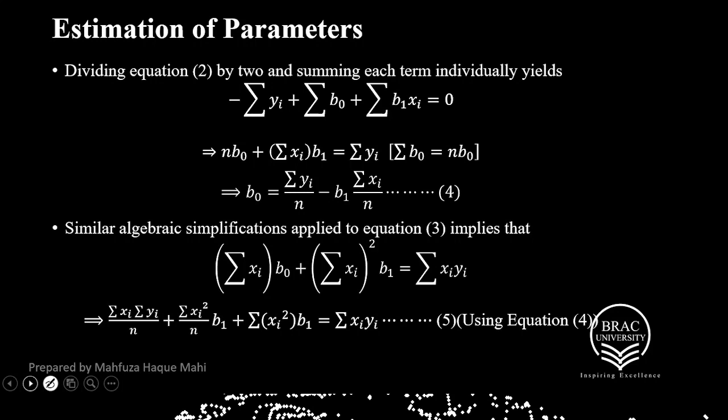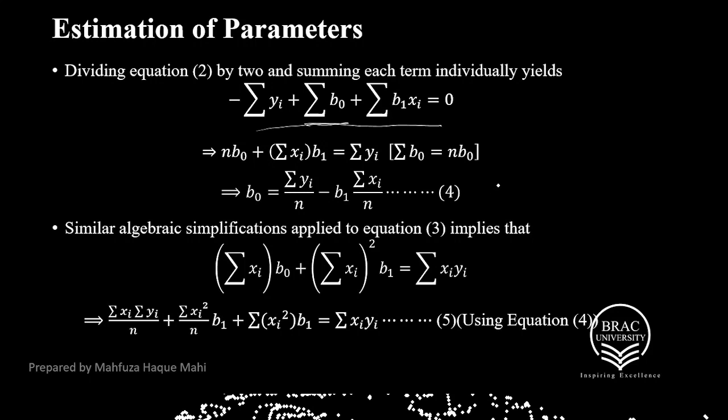Now dividing equation 2 by 2 and summing each term individually, we get this expression: minus summation of yi plus summation of b0 plus summation of b1 xi. We know summation of b0 equals n b0, as we have n pairs of observations here.